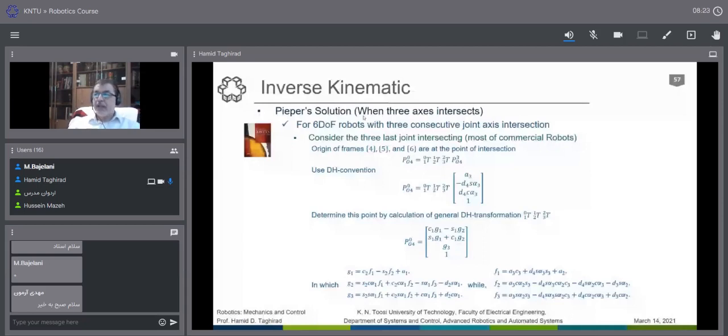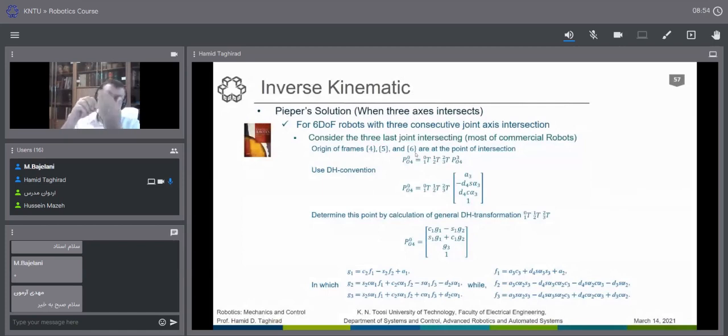As we mentioned before, consider that the origins of the last 3 coordinate systems, 4, 5, and 6, intersect at one point. We call that point the wrist point, and we find the position of the wrist point from the first 3 coordinate systems, and the orientation of the wrist from the last 3 coordinate systems.